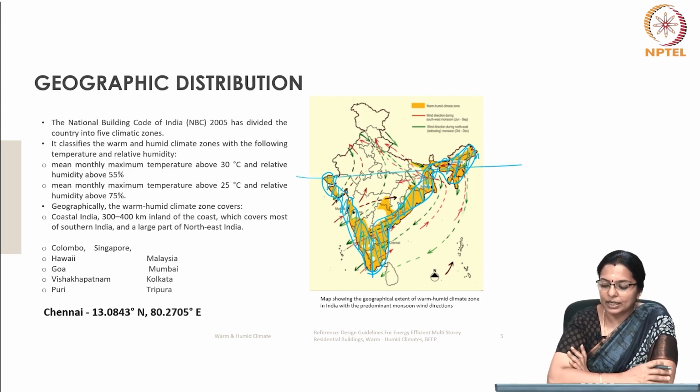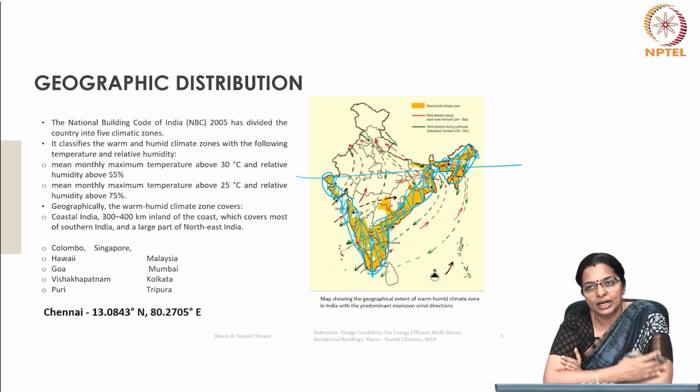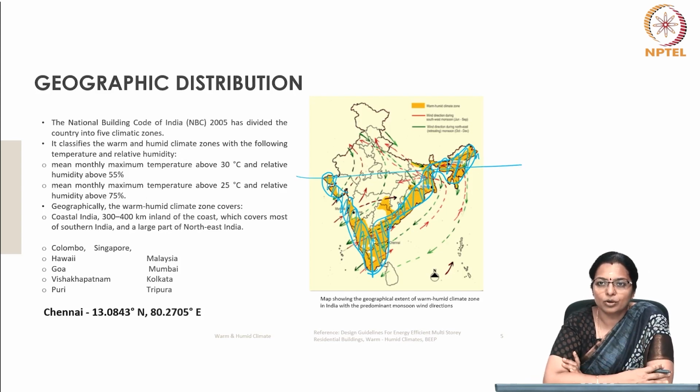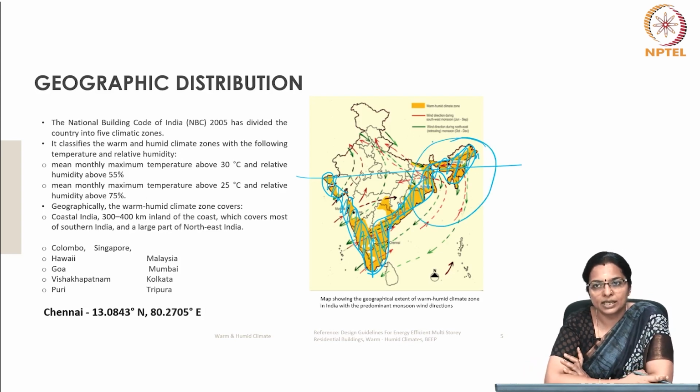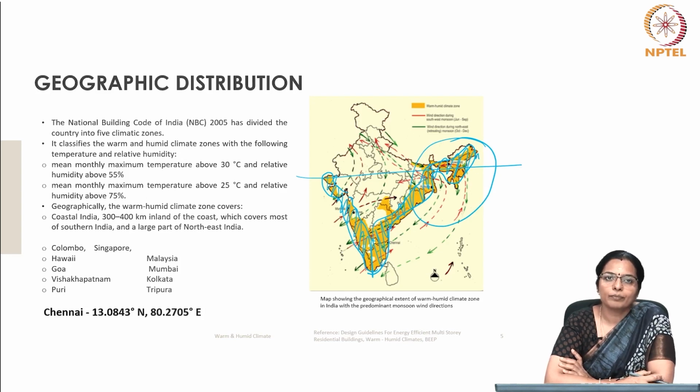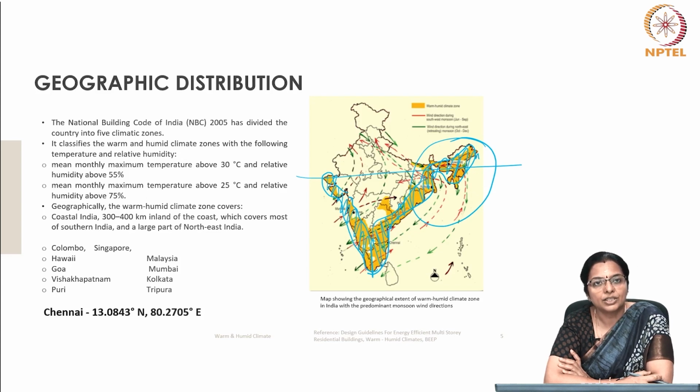So most of the warm humid climate lies in the southern part of India, and a large part on the northeast side also falls under warm and humid. In general, Colombo, Singapore, Hawaii, Malaysia, Goa, Mumbai, Visakhapatnam, Kolkata, Puri, Tripura, these places fall under the warm and humid zone.